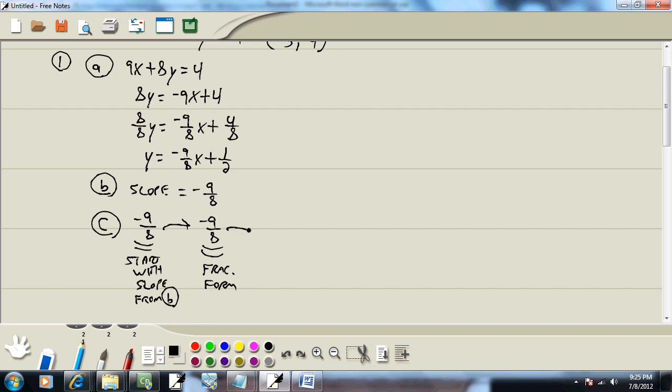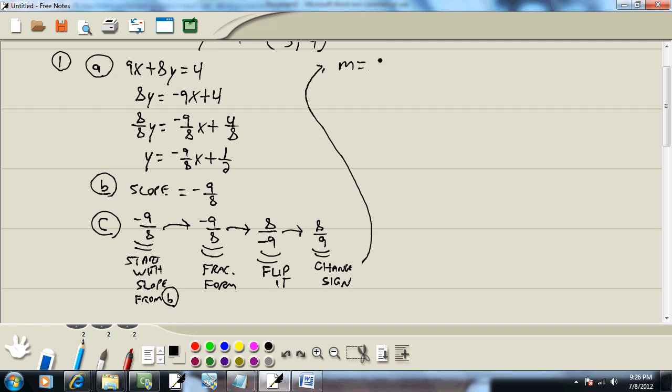Now this is already in fraction form, so we didn't have to do anything. But if you had 5, for example, you'd put 5 over 1. You can always create a fraction by putting it over 1. Then we're going to flip it. So bottom goes to top, top goes to the bottom. And then we'll change its sign. It goes from a negative to a positive. So that's our m of what we're trying to find. So m is going to be equal to 8/9.